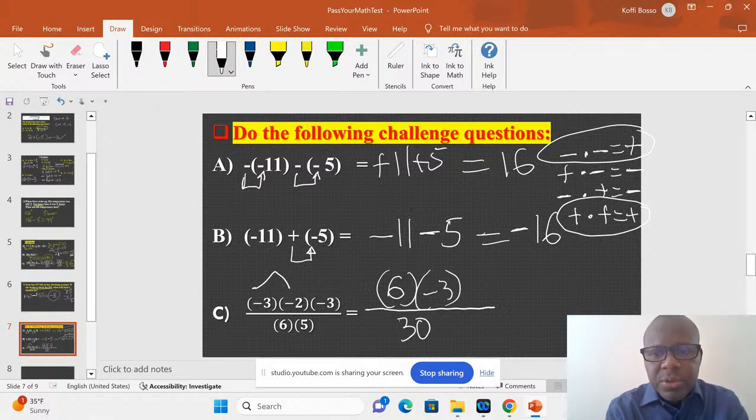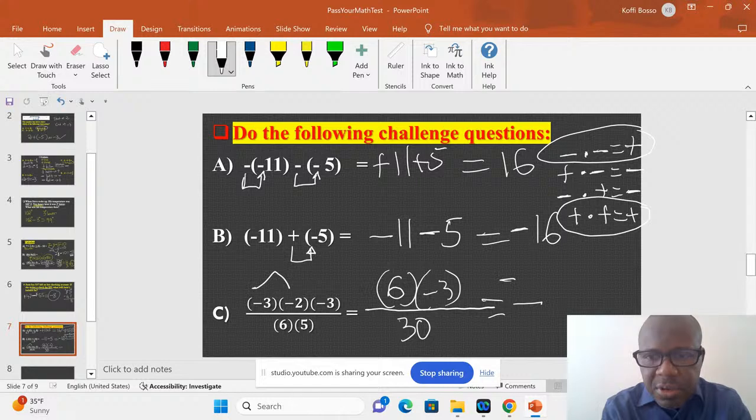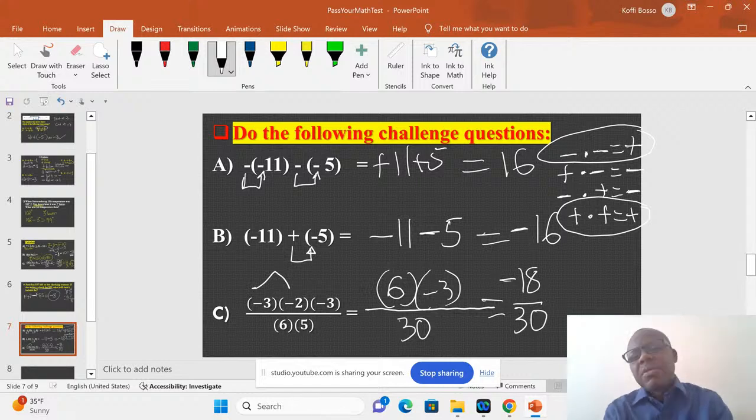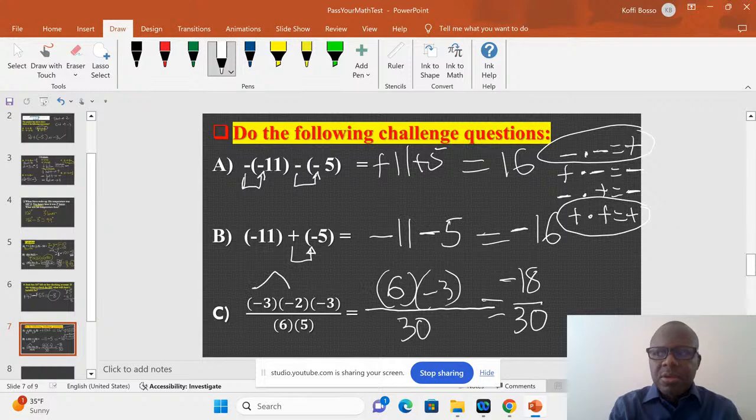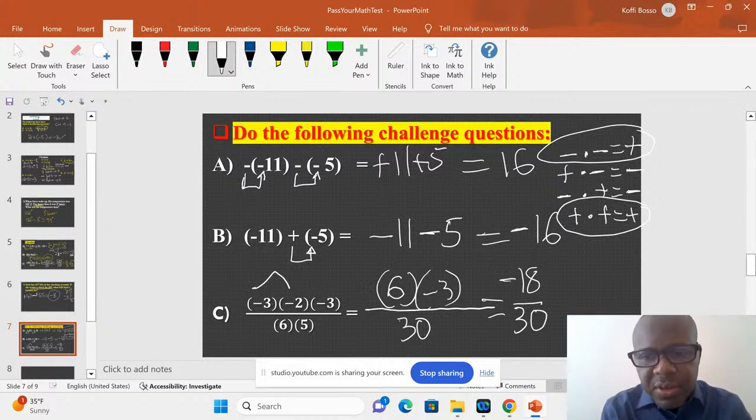We continue. So on top, 6 multiplied by negative 3. 6 is positive, so positive 6 multiplied by negative 3 gives you negative 18. And at the bottom, we have 30. So we have negative 18 divided by 30. But we cannot leave it like that. We need to simplify. To simplify, you check what number goes into 18 and at the same time into 30.